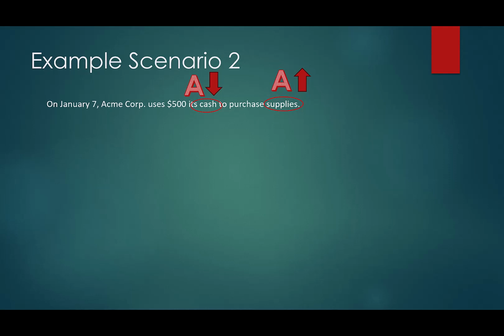Step 2, let's look at how this impacts the accounting equation. In this case, the two accounts that were impacted are both on the asset side of the equation. So we've got our supplies going up $500 and we've got our cash going down $500. And the last thing we need to do is journalize this transaction. So let's start with our supplies account here. Supplies is going up by $500, and supplies is an asset account.